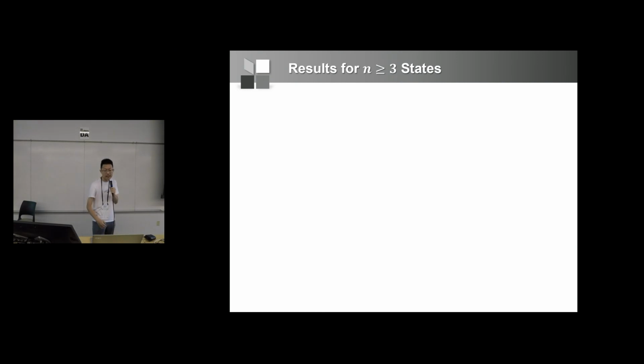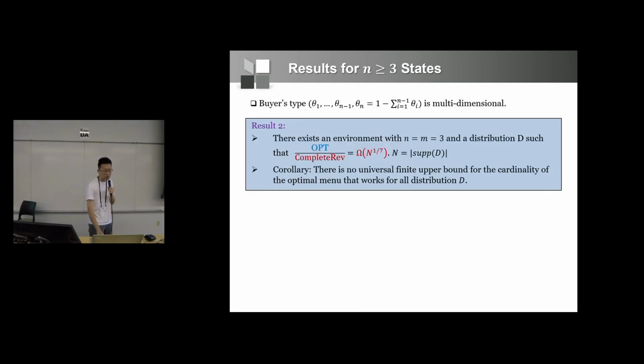Okay, last, let me mention our result when there are at least 3 states. What we show is that there exists an environment with 3 states and 3 actions, together with a distribution, such that this ratio is as large as a polynomial in n, which is the support size of the distribution.